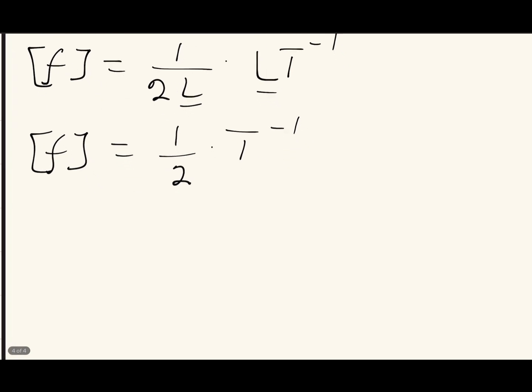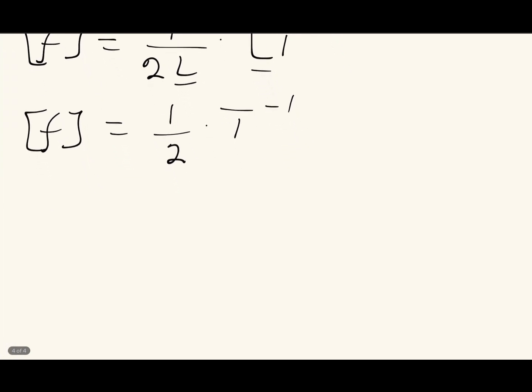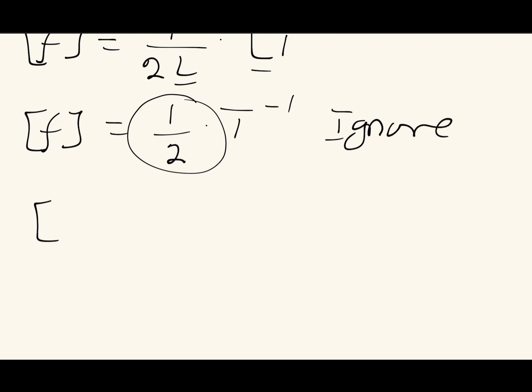All right. So now we have this. What do we do with this? We have to ignore the constant. So ignoring the constant, the dimension of F will be T^-1.